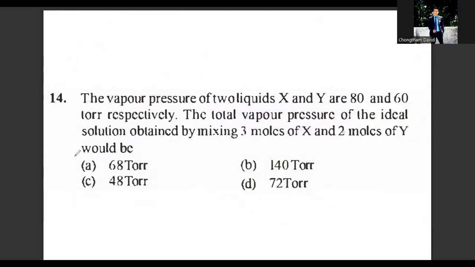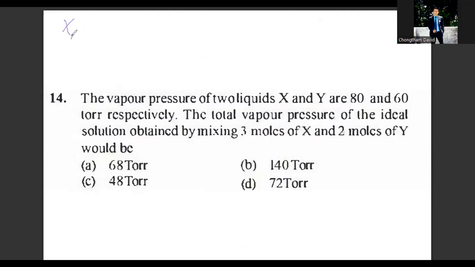The vapor pressures of two liquids X and Y are 80 and 60 torr respectively. The total vapor pressure of the ideal solution obtained by mixing 3 moles of X and 2 moles of Y would be? According to the information, you need to input the mole fraction of X and mole fraction of Y. Then finally you add the partial pressures to get the total pressure, which gives the answer for question number 14.